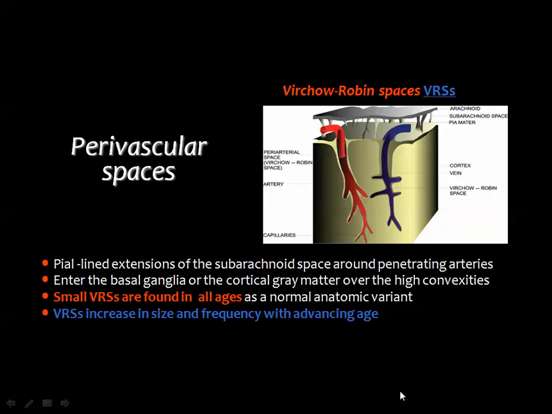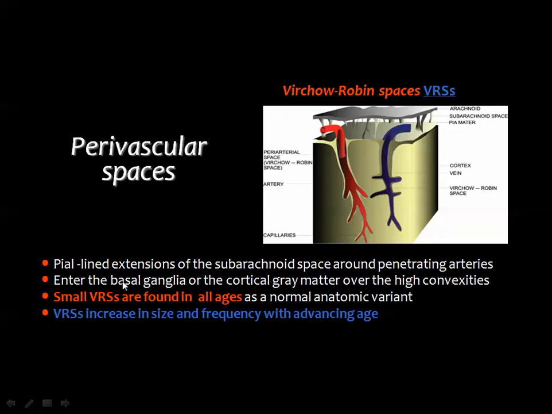Then we have this well-known anatomic structure, which is known as the perivascular space or the Virchow-Robin spaces. These are extensions of the subarachnoid space, meaning it contains CSF and it extends around the penetrating vessels through the brain tissue.